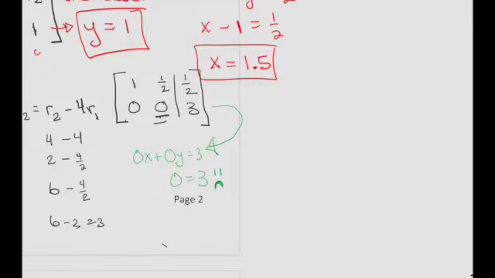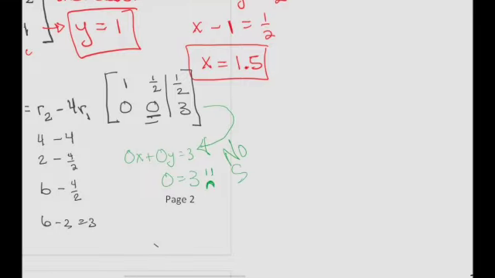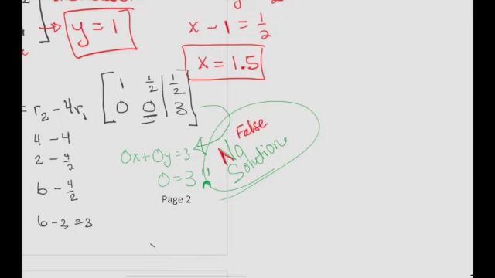No. Either I made a mistake or there's no solution to this system. Okay? Because this is a false statement. So false statements mean no solution. Okay? If you had, well, we'll have situations where there's true statements, and then what? Okay? So a false statement is no solution.